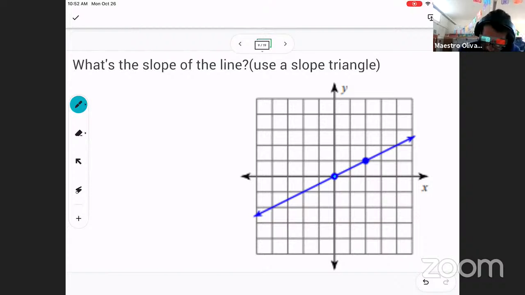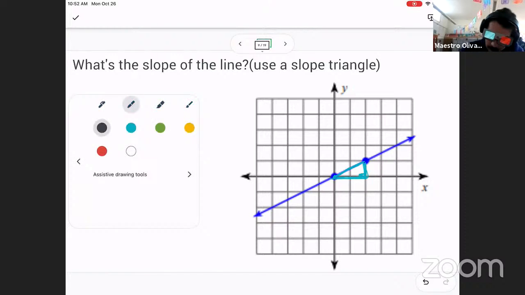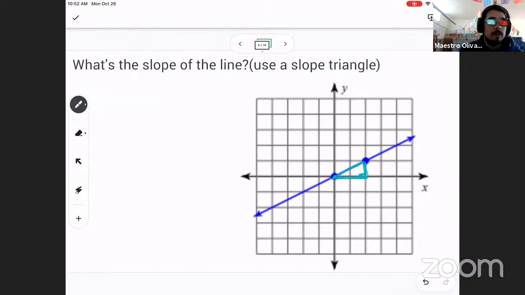So if we start down here, in order to get to this point up here, I'm going to have to go to the right, and then I have to go up. So there's my triangle. We found our points. Now we have to find our distance. Vertical distance is going up and down.